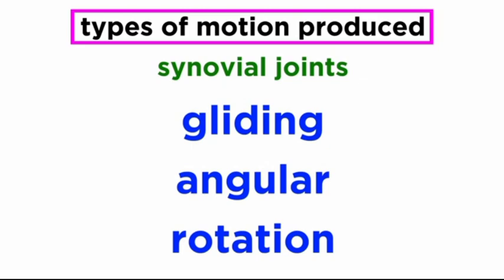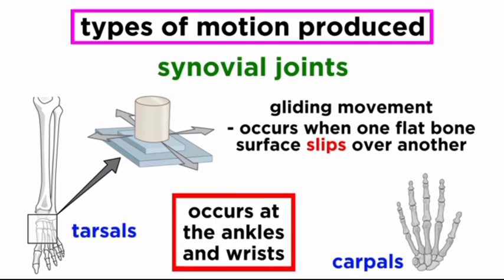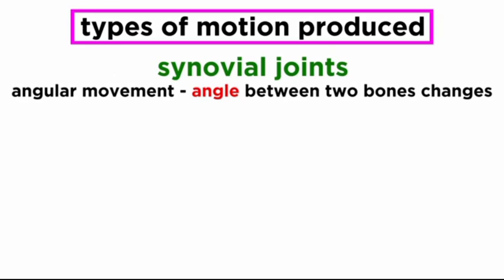Beyond this, motion can be gliding, angular, or rotation. Gliding movement happens when one flat bone surface slips over another. This happens at the intercarpal and intertarsal joints, allowing for left and right wrist motion. Angular movement happens when the angle between two bones changes.